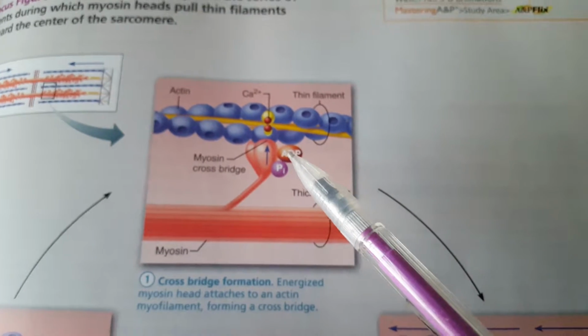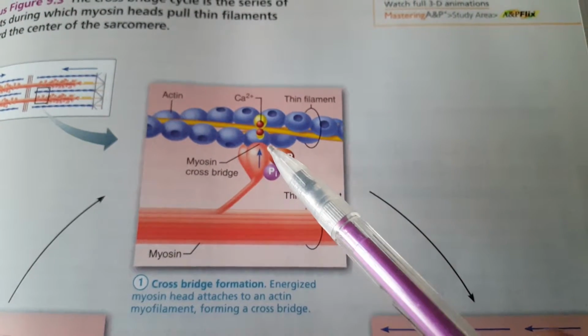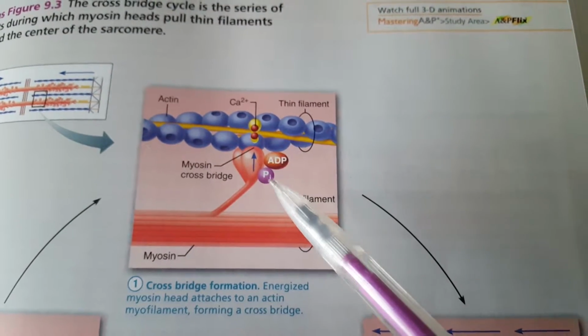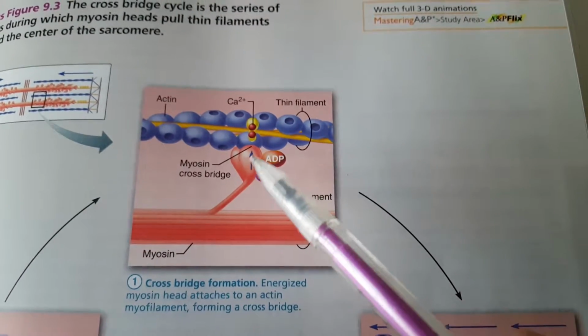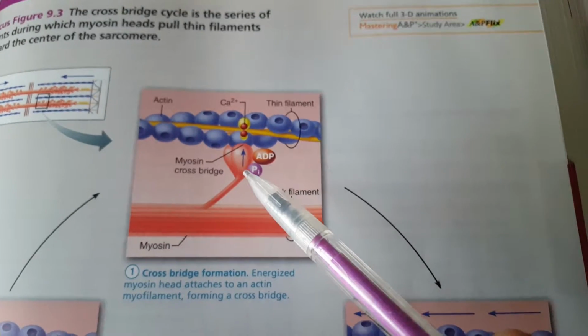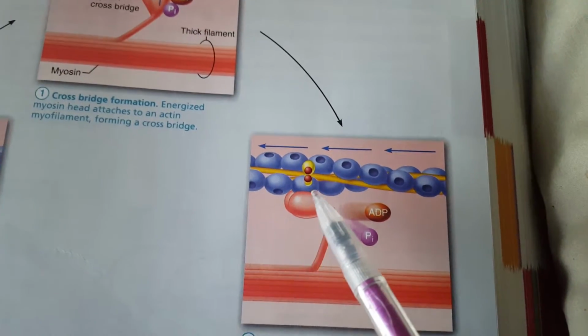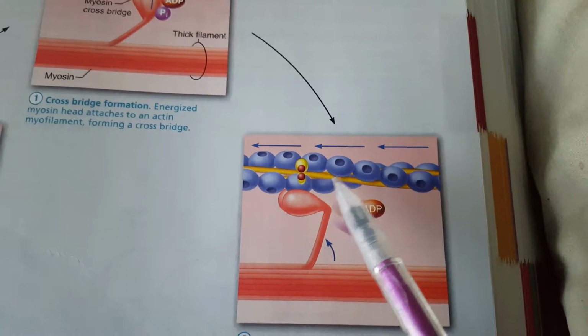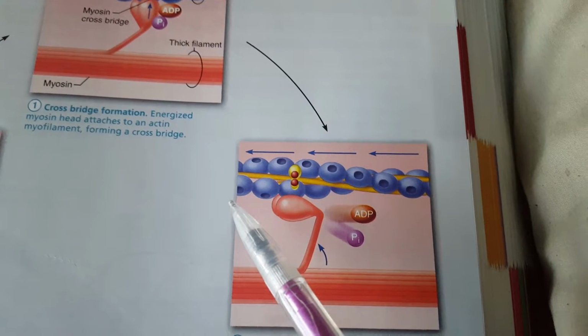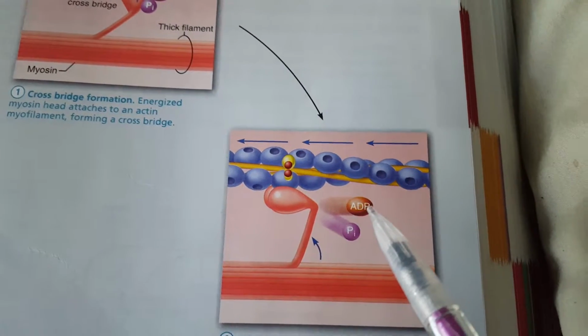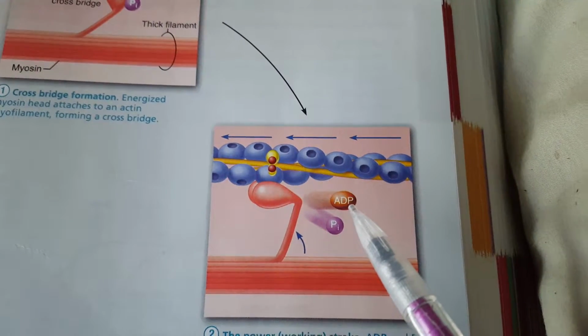And that, again, when you release bonds, that energy of releasing the inorganic phosphate is what's going to allow that power stroke to occur. And the power stroke is going to pull the actin filament inward. And when that happens, that's when the adenosine diphosphate gets released.